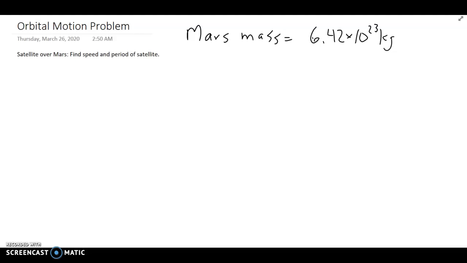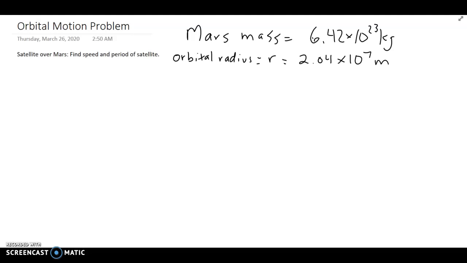And we're also given the orbital radius, which is our R value, and that's 2.04 times 10 to the 7th meters.